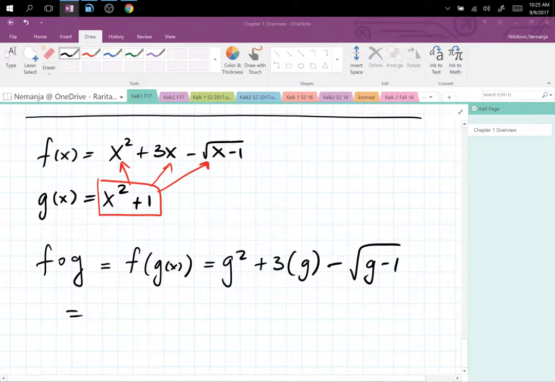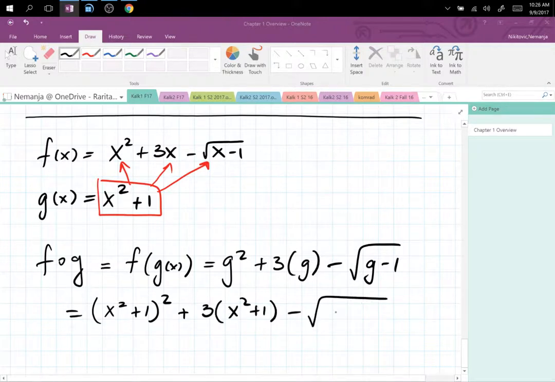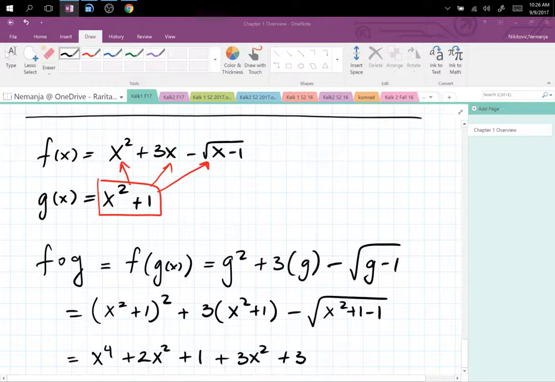So g squared, which is x squared plus 1 squared, plus 3 times x squared plus 1 minus square root of x squared plus 1 minus 1. We have x to the 4th plus 2x squared plus 1 plus 3x squared plus 3.